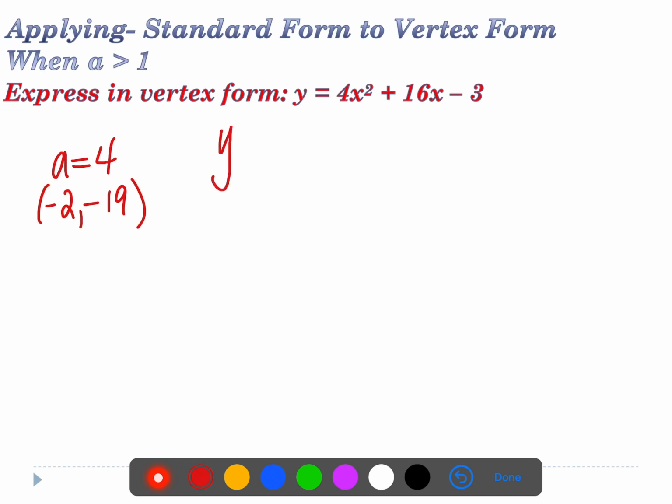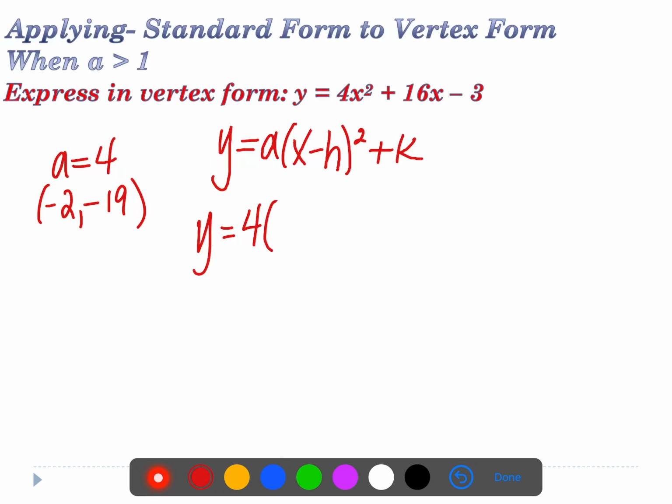Now we're just going to plug those values into our vertex form. Remember, it's the opposite from that vertex, so it becomes a plus 2 inside, and then minus 19.